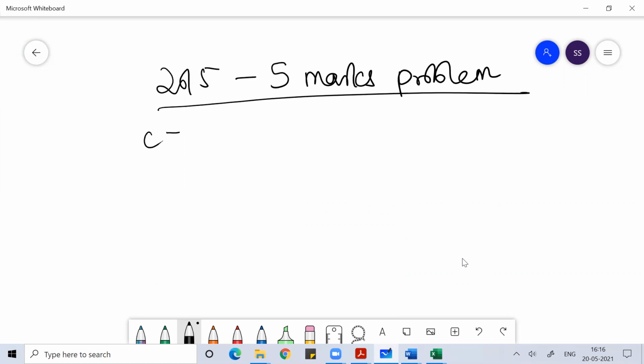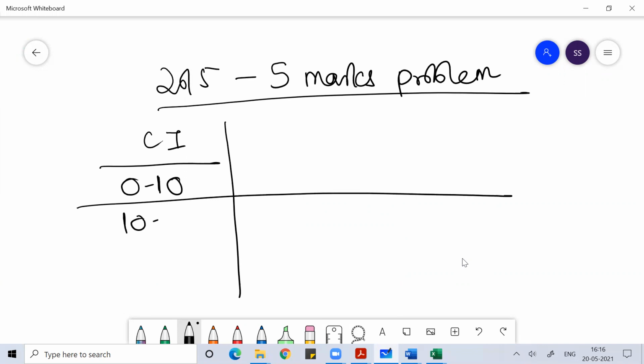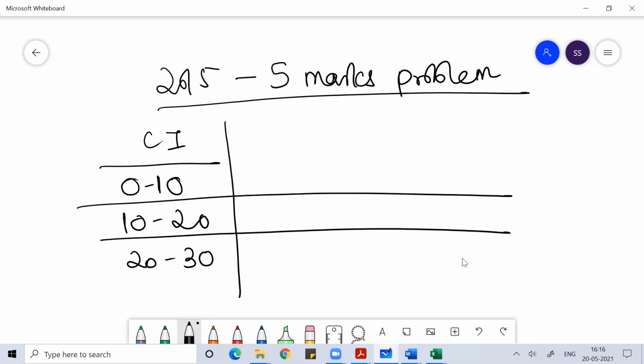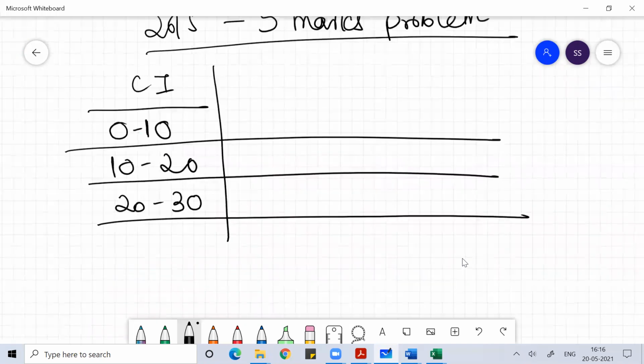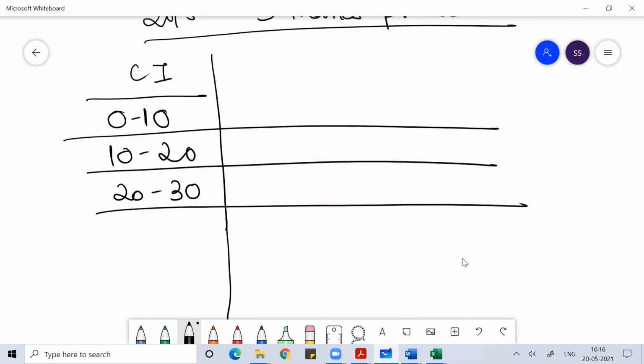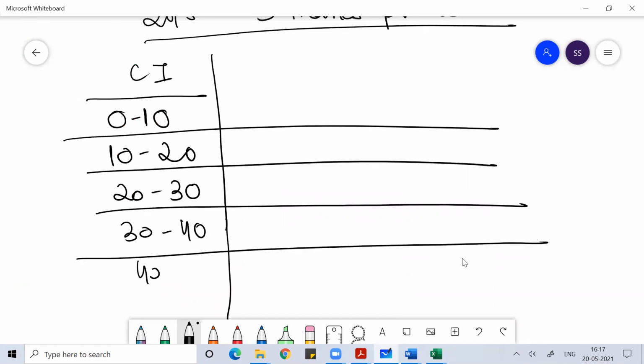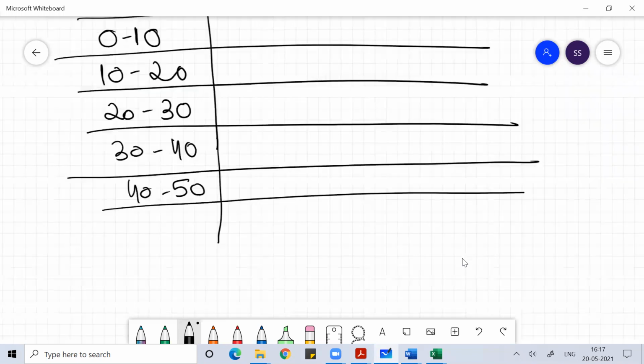The class intervals given are 0 to 10, then 10 to 20, 20 to 30, 30 to 40, 40 to 50, then 50 to 60.